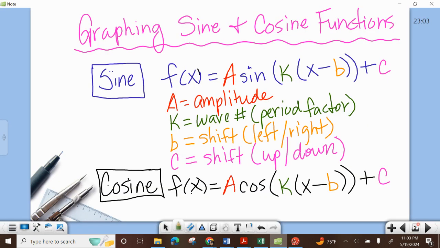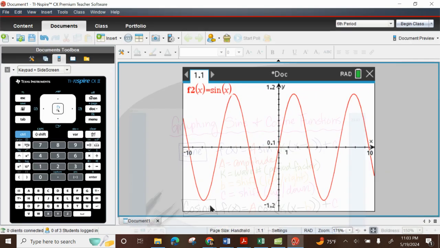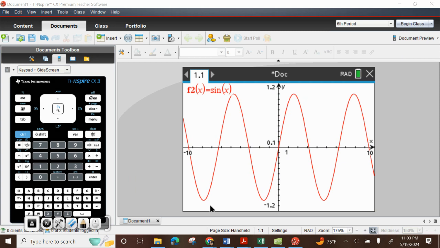And when I say your basic sine x, I can actually go back and write it this way. This is the same thing as f of x equals 1 sine of 1 times x minus 0 plus 0.